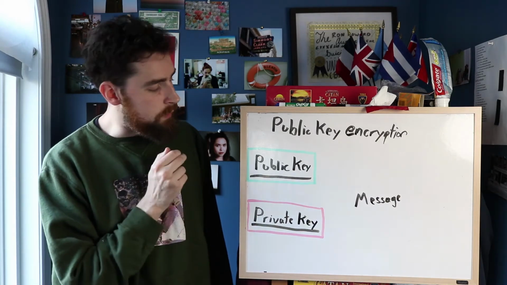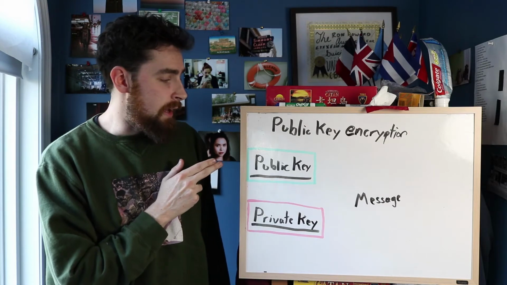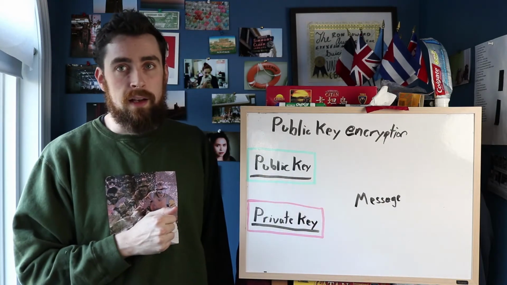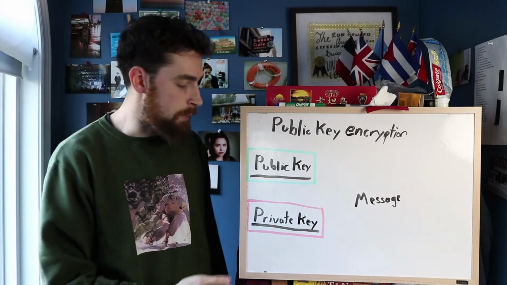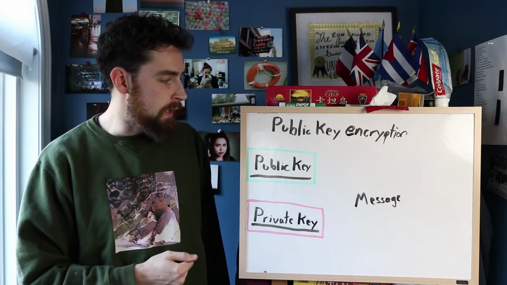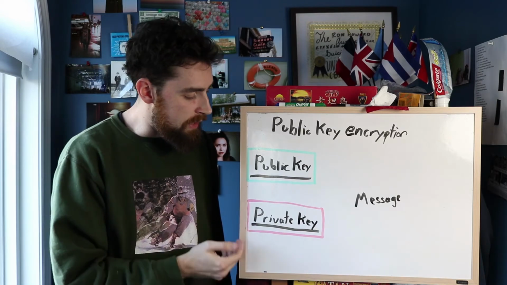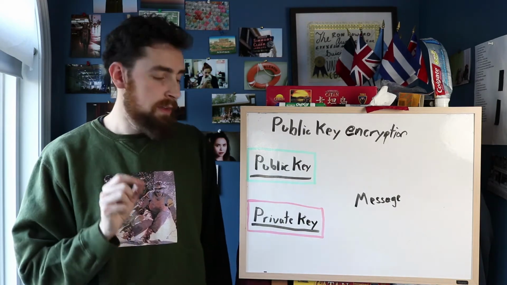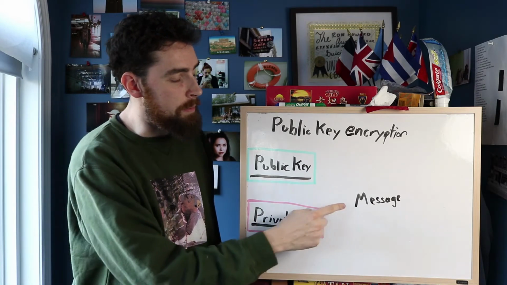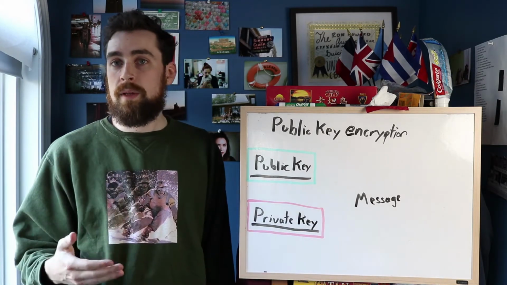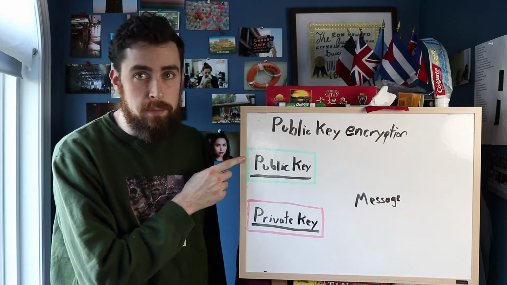What we can do is we can take our public key and we can encrypt the message, and then the only thing that can be used to decrypt it is the private key. So you encrypt it with the public key, decrypt it with the private key. But what you can also do is you can use the private key to encrypt the message, and then it can only be decrypted by the public key.